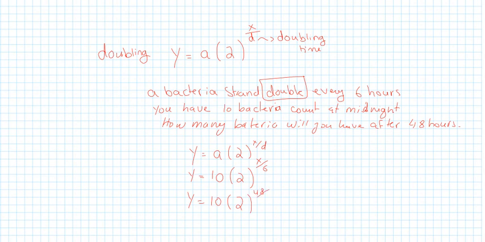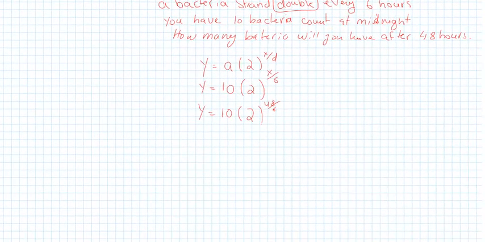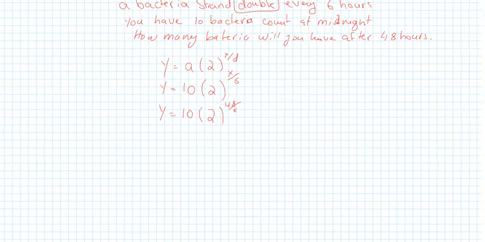So in this case, when you enter it in the calculator, when you put your power button, make sure you do the 48 divided by 6 in brackets. Especially if you don't have the calculator that gives you the fraction.